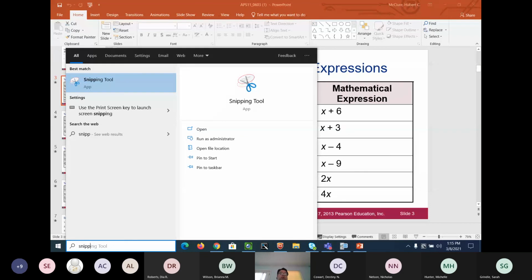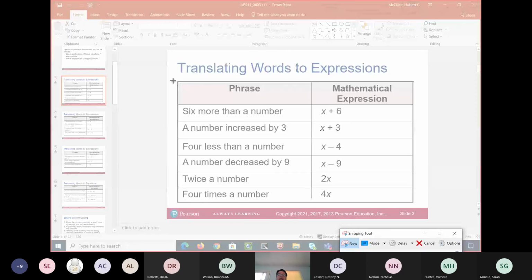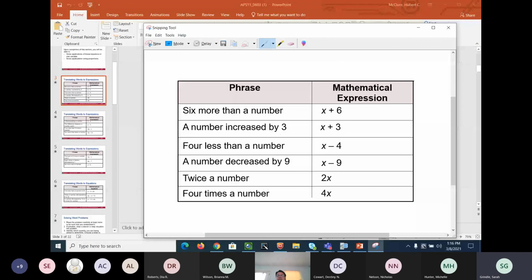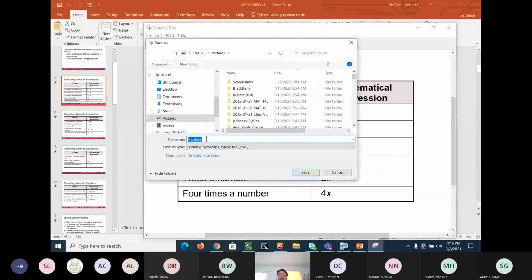Anyway, go to Snipping Tool on your computer. See if you have Snipping Tool, and you just hit New, and you cut it out like that. Save it, save as, download, and call it chart number 1 or whatever.